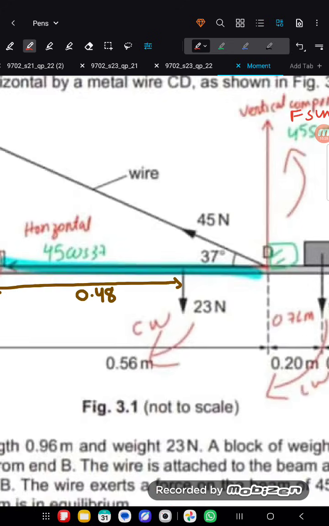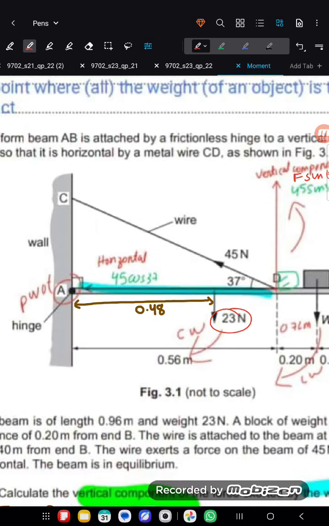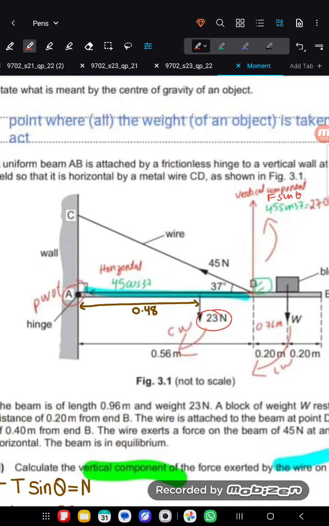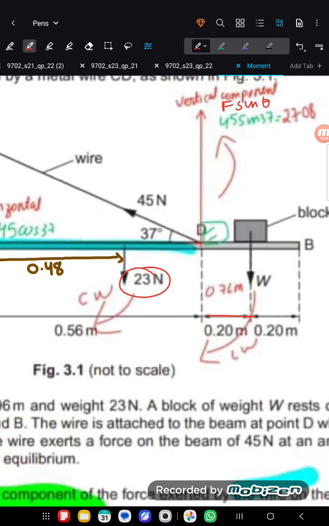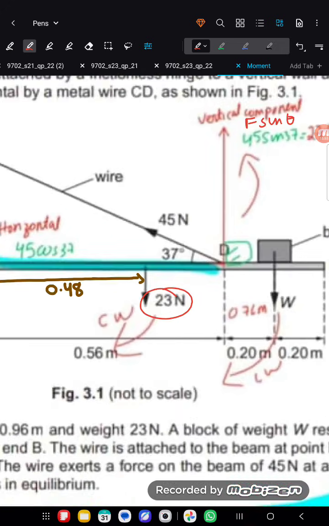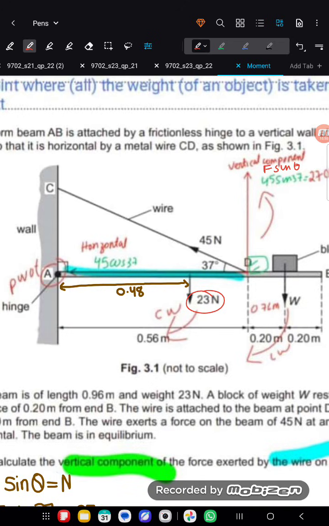So you can see this is the weight and the distance is. Here they will give you the distances: this whole is 0.56, and this much is 0.20, and this one is 0.20.